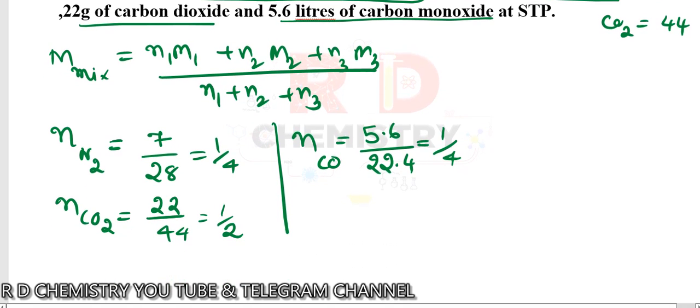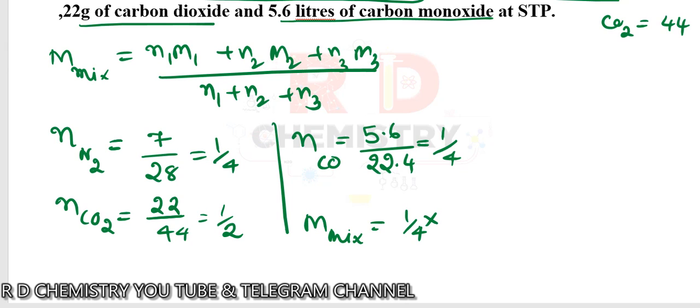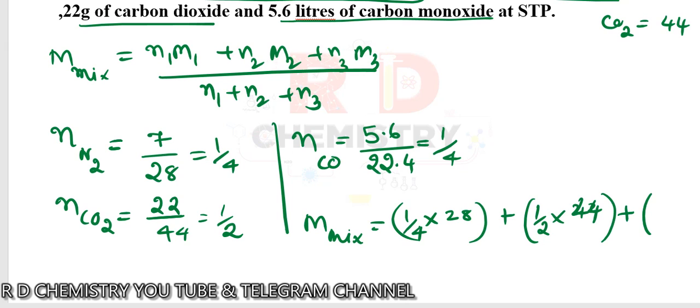So we'll go for the calculation now. The molar mass of the mixture is equal to number of moles 1 by 4 into molar mass 28 for nitrogen, plus number of moles of carbon dioxide 1 by 2 into molar mass 44, right? Plus 1 by 4 number of moles into carbon monoxide. Carbon is 12, oxygen is 16, so it is equal to 28.